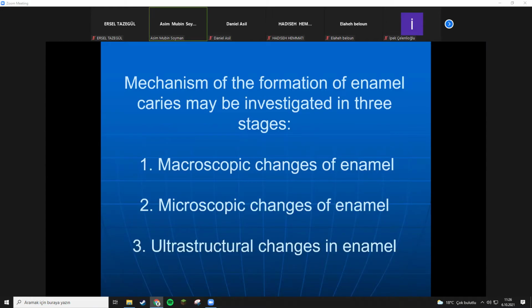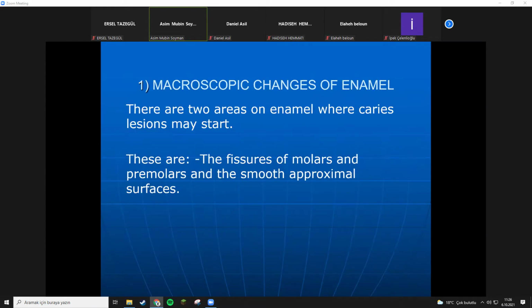Now, coming to the microscopic changes of enamel, there are 2 areas on enamel where caries lesions may start. These are fissures of molars and premolars and the smooth approximal surfaces. Now, from this point, from basic sciences, we are coming to the clinical sciences.